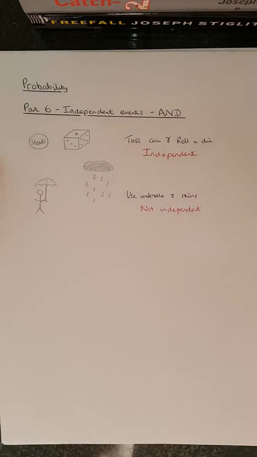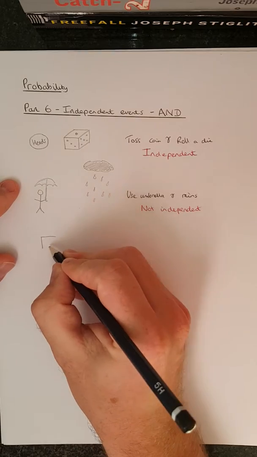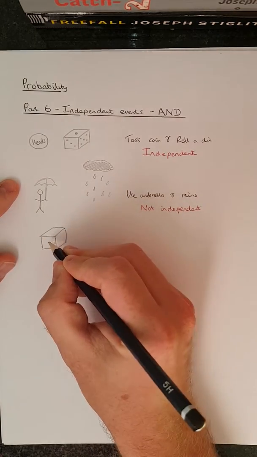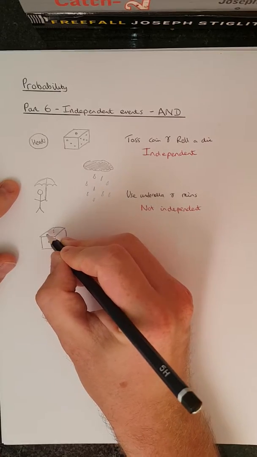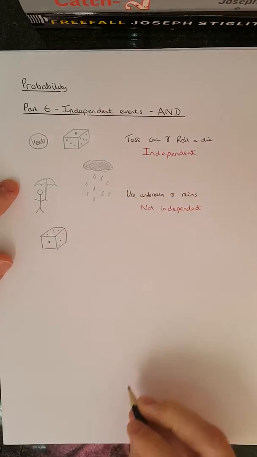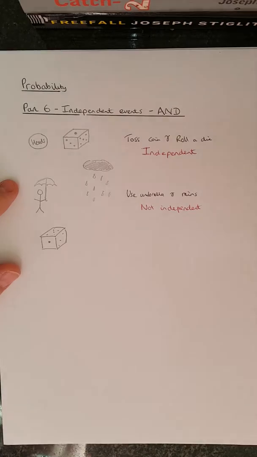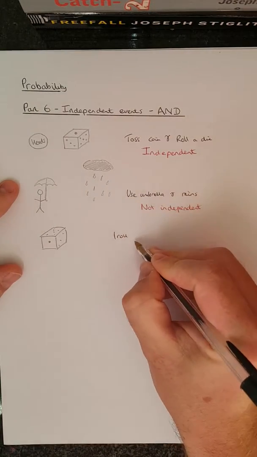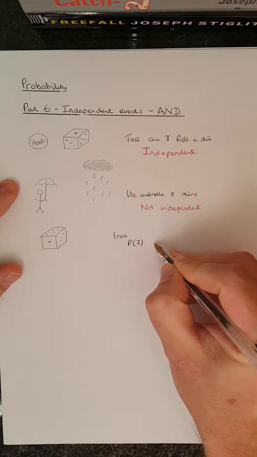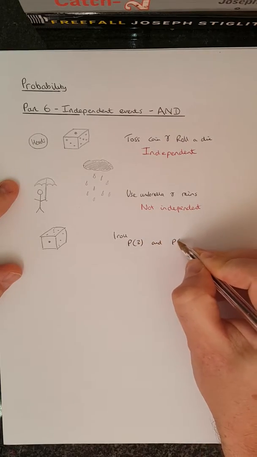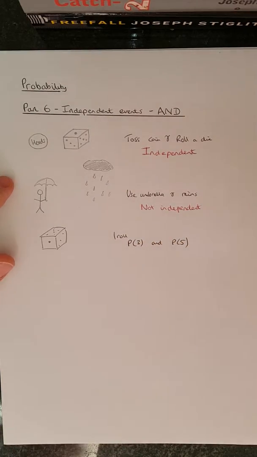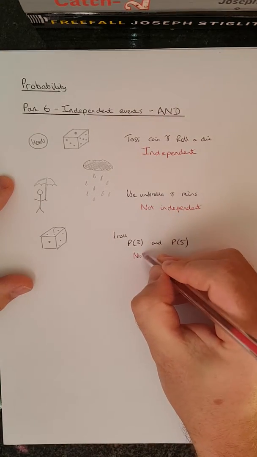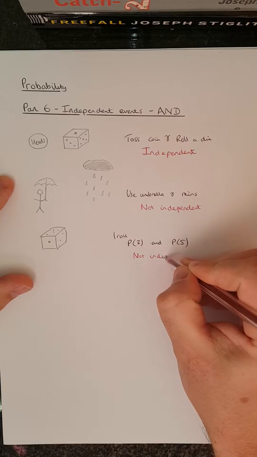I'll give you another example of a pair that are not independent. I'm going to roll one die. Now in this one roll, the probability I get a 3 and the probability I get a 5, they are not independent.